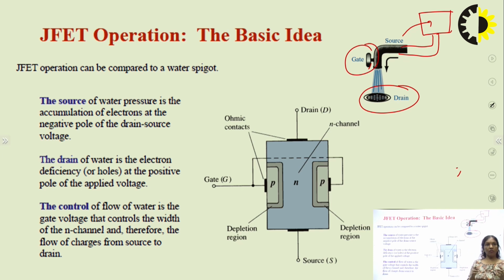The source of the water pressure is the accumulation of electrons at the negative pole of the drain source voltage. The drain of the water is the electron or hole deficiency at the positive pole of the applied voltage, and control of the flow of the water is the gate voltage that controls the width of the N channel by changing the depletion width, so the charge carriers can be controlled through the channel.